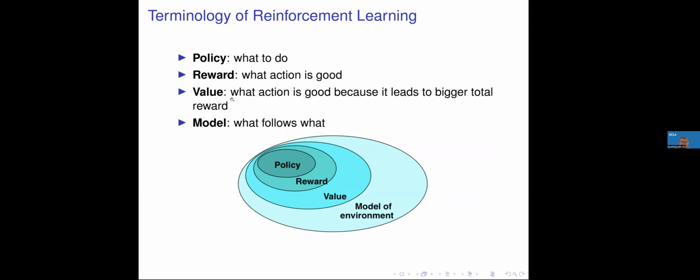And the value, which you can think of as an expected total reward, tells the agent which action is good in the long term or which action is bad in the long term. And finally, the model. The model is also known as the environment, and the model will decide the state transition under each action. Later we will use the so-called Markov decision process to describe the environment or the model.